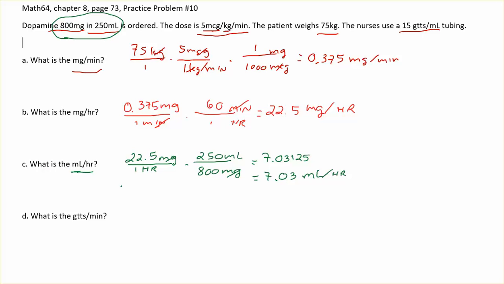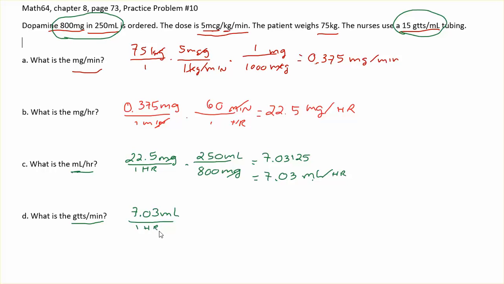And finally, I'm looking for the drops per minute. In the problem, it's 15 drops per milliliter. I have milliliters right here and hours, so I'm going to use that as my next step. So I'm going to start with what I ended with on the previous one, 7.03, that rounded off number, milliliters, and that's for 1 hour.